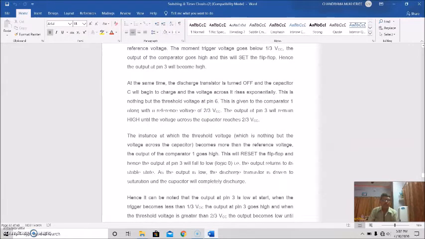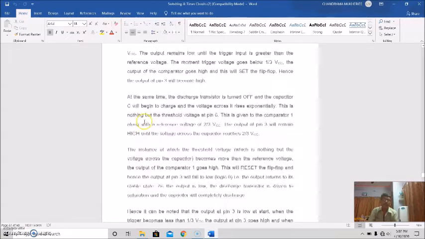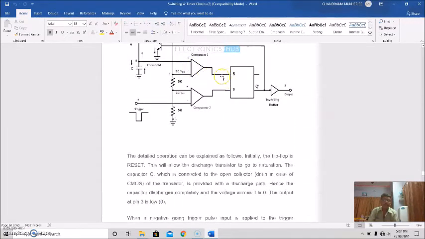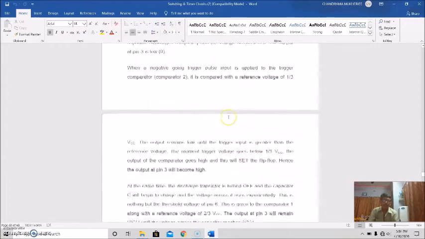The output pin 3 will remain high until the voltage across the capacitor reaches 2/3 of VCC, and the instant at which the threshold voltage, which is nothing but the voltage across the capacitor, becomes more than the reference voltage, the output of comparator 1 goes high.